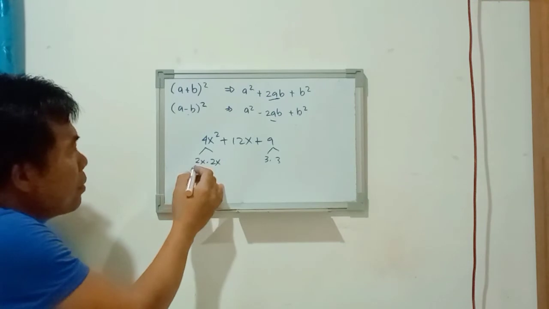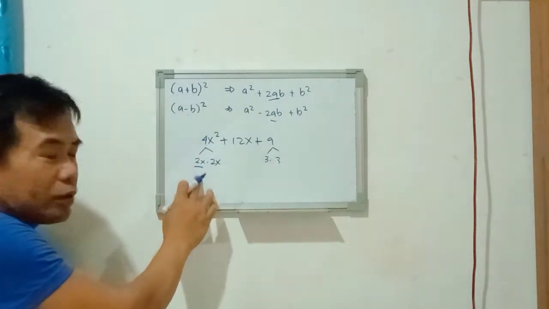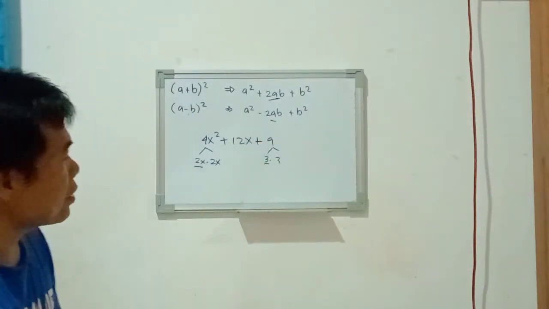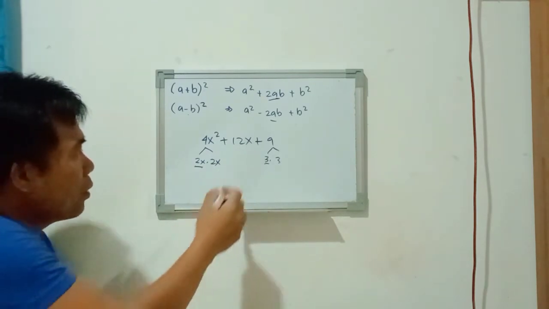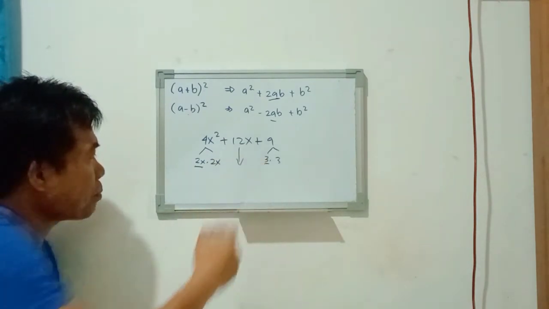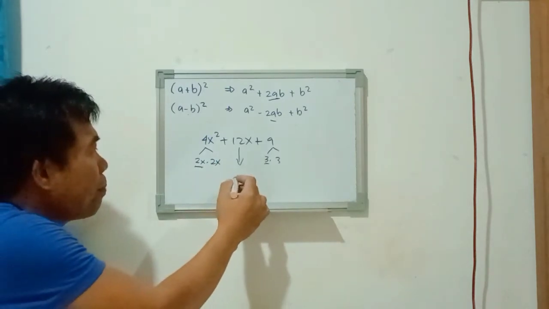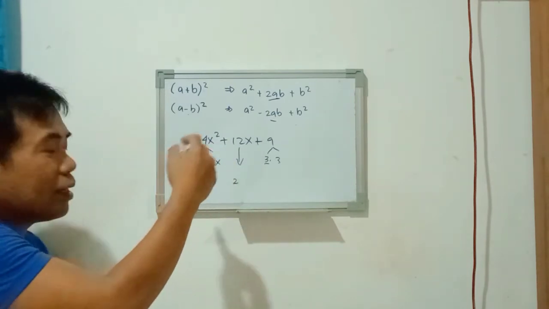And this number and variable for the first term is the square root of the first term. And this number here for the last term is the square root of the last term. Okay, let's check the middle term. The second criteria states that it is twice the product of the square roots of the first and the last term.